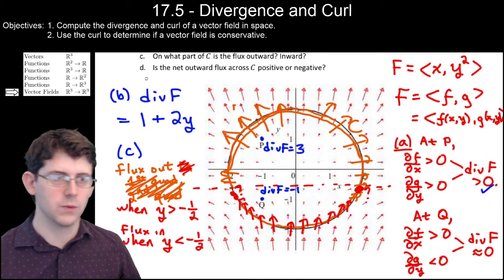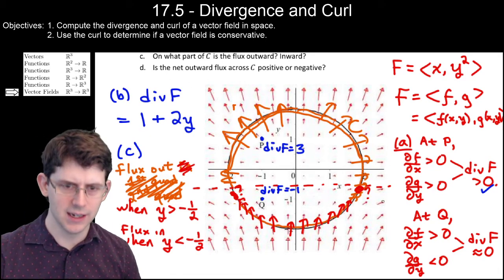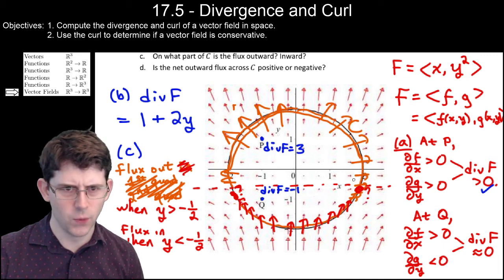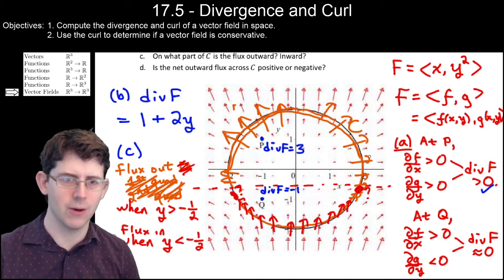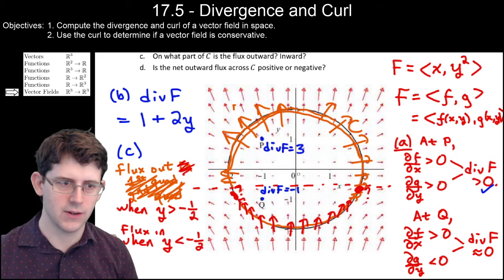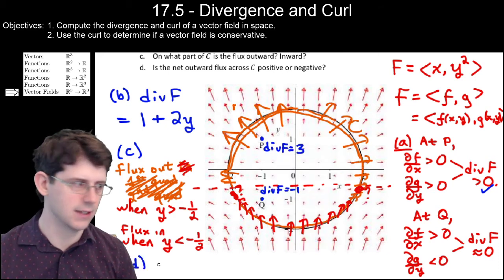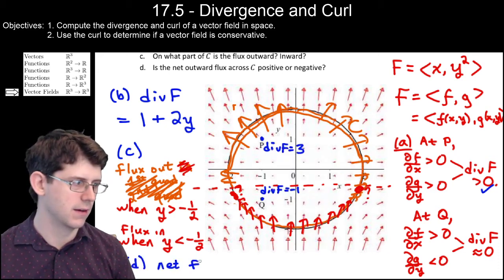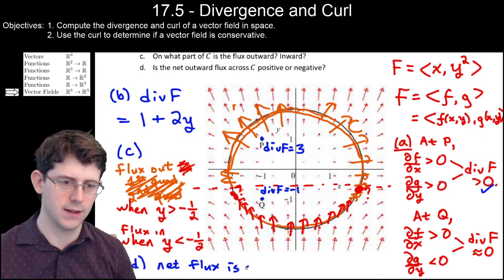Then the question asks, is the net outward flux positive or negative? And I would say that you've got more time spent with outward flux than inward flux. So I would guess that the net flux is outward.